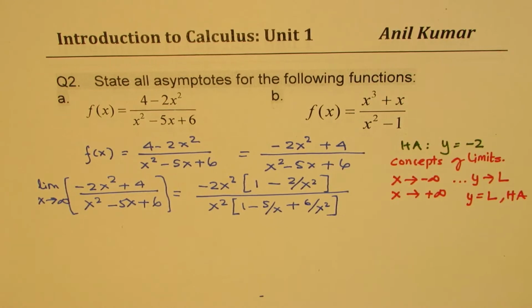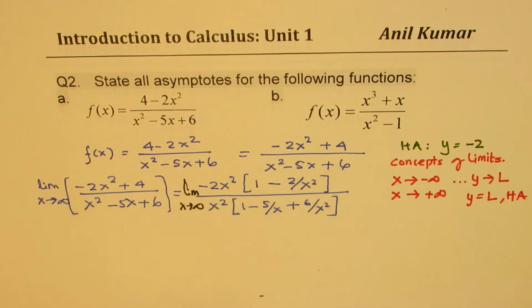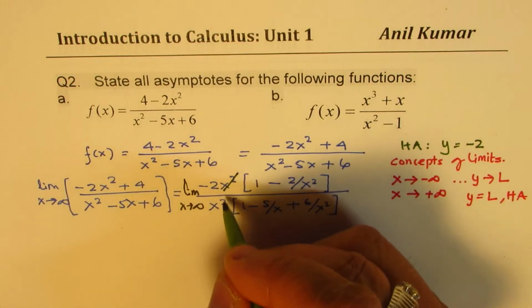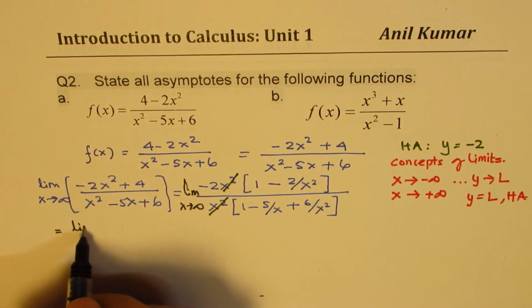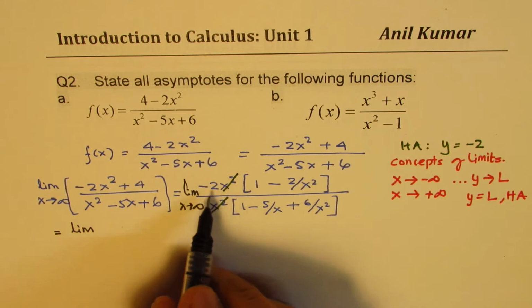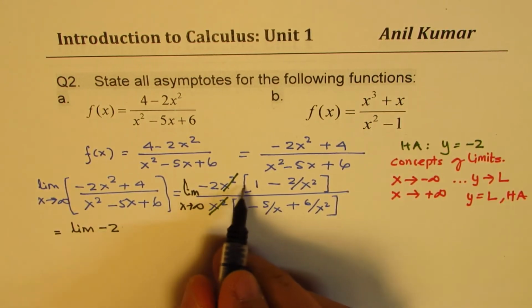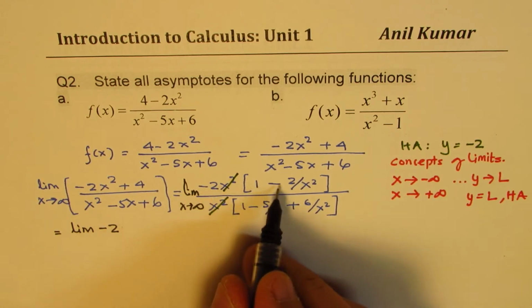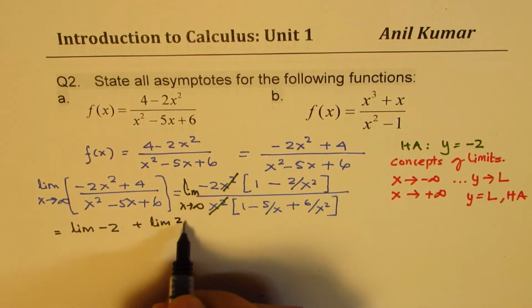Correct? We need to find the limit of this function. Let me write limit when x approaches positive infinity. Now, using the properties of limit, it is the limit of each individual term. So x squared cancels out. So we now have minus 2 times 1, and then plus the limit of 2 over x squared.